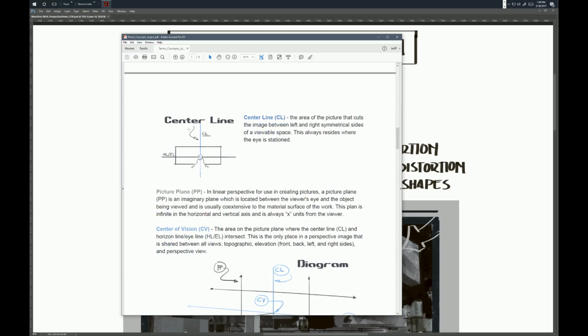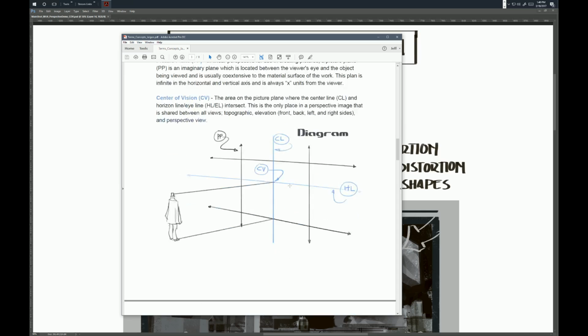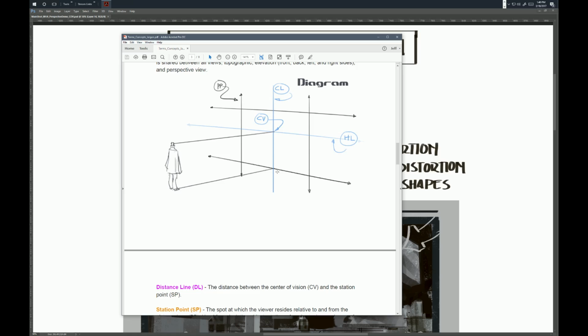So this is essentially the center line. It divides left and right of the viewer, and the horizon line divides up and down, above the viewer's eye and below the viewer's eye. So with that said, we have a center line that is completely vertical, perpendicular or 90 degrees from the line of sight.